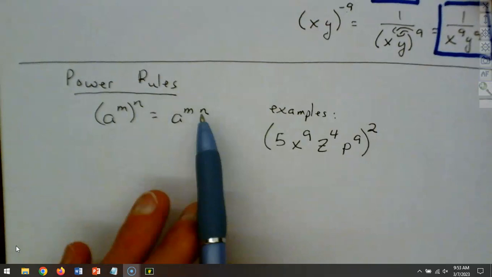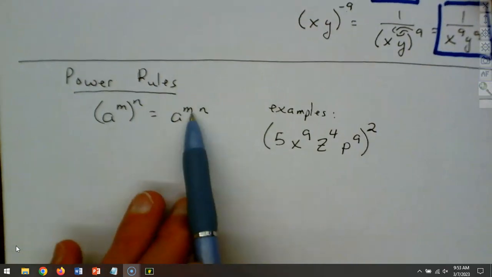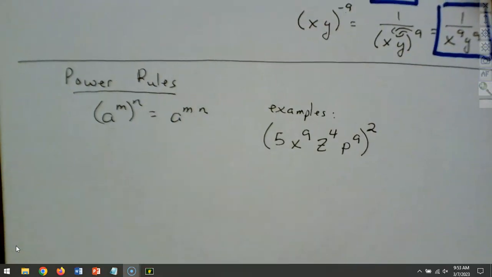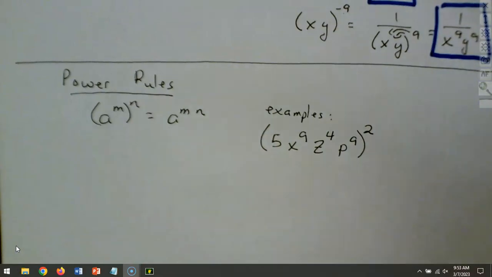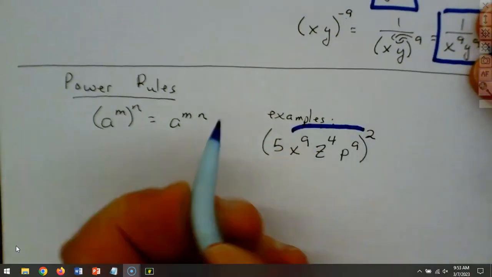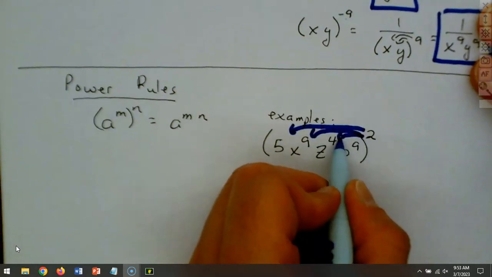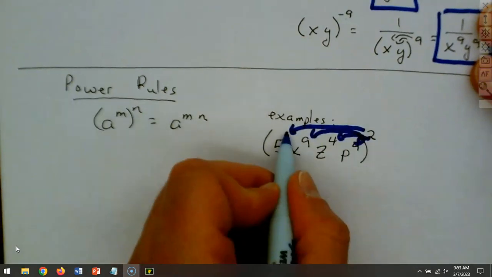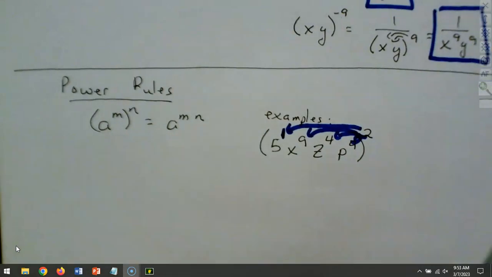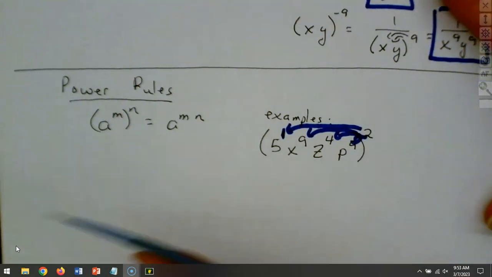Now the power rule says these powers do what? Multiply. So what we're going to do is distribute through, and these powers are going to multiply. Now this 5, there's no power on it, but it's actually a power of 1. We don't write the 1, but it's understood to be a power of 1.